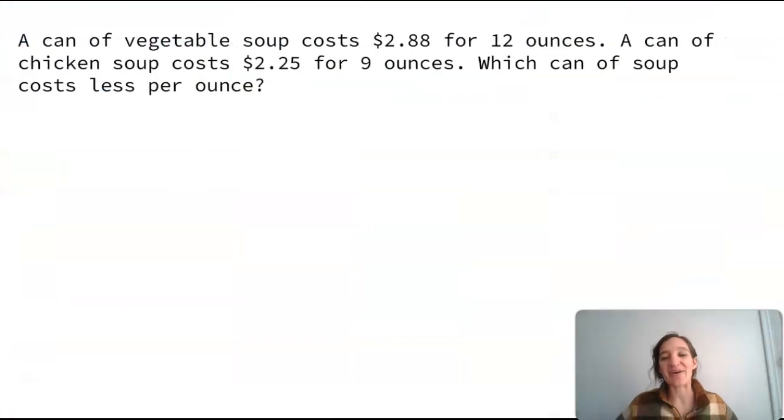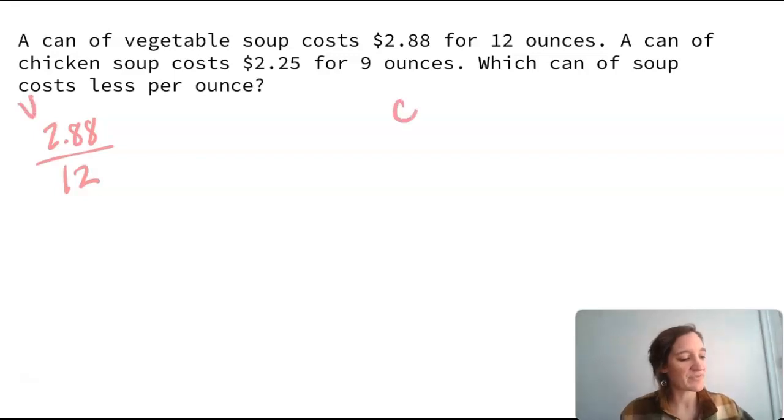All right, it is now up to you. You have 2 cans of soup, and you're trying to figure out which one is the least per ounce. Vegetable soup is $2.88 for 12 ounces, where the chicken soup is $2.25 for 9 ounces.